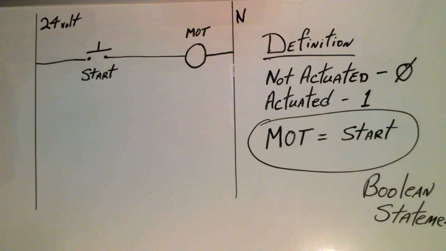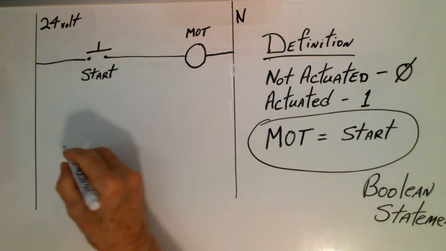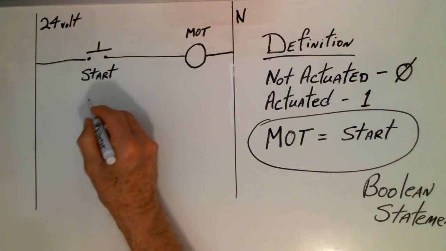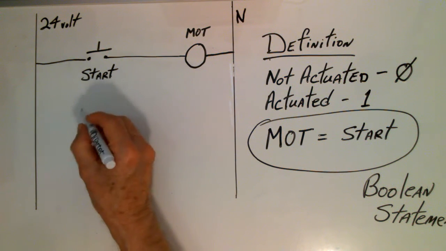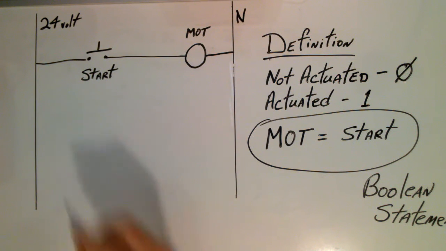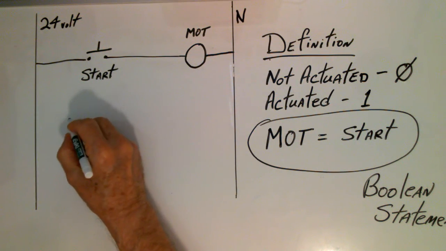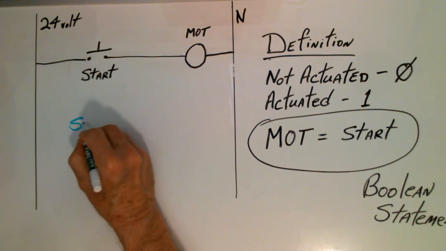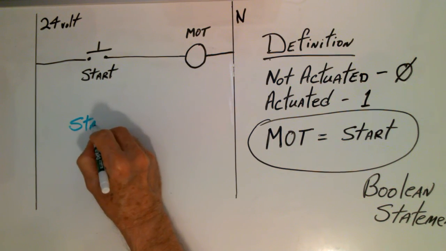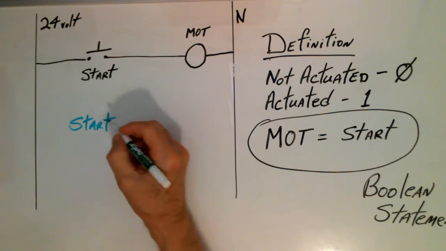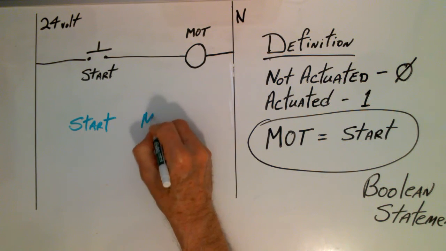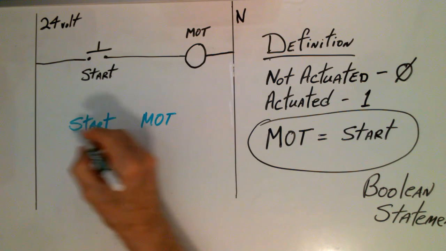Okay, so with this, we can write a truth table, and we will put our inputs on the left-hand side. Let me change colors, please. So we'll have the state of start on the left-hand side and the state of MOT on the right-hand side.